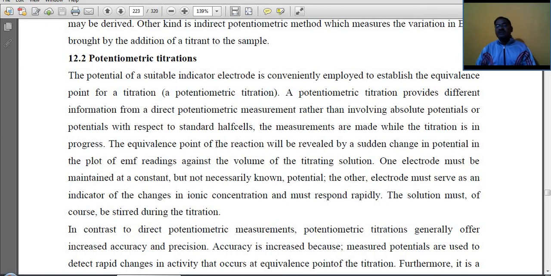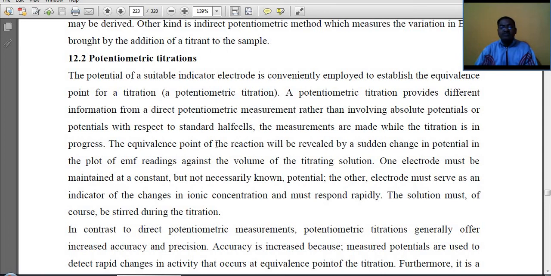The measurements are made while the titration is in progress. The equivalence point of the reaction will be revealed by a sudden change in potential in the plot of EMF readings against the volume of the titrating solution.